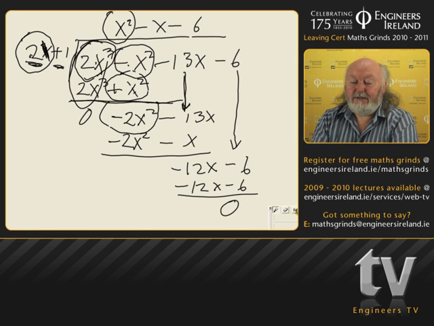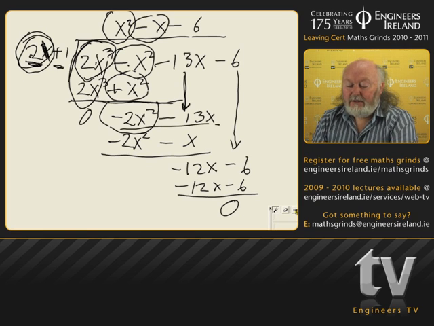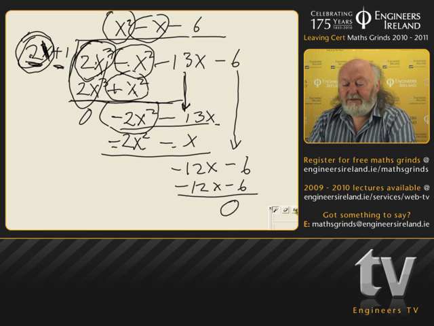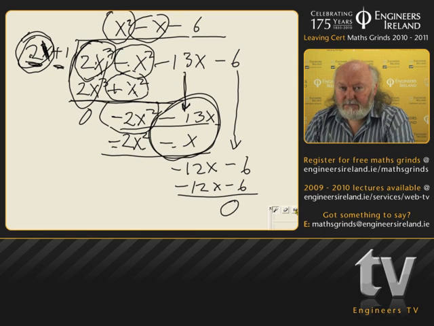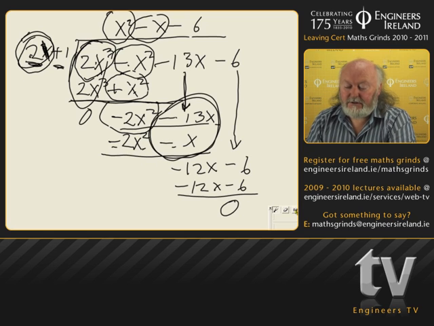We're saying yes again, this needs to get multiplied by a minus x to give me what I have down here. So we get minus 2x squared minus x. Now look at this one. Minus 13x minus minus x. Minus minus is plus, so that's minus 13x, and that's technically a plus now.